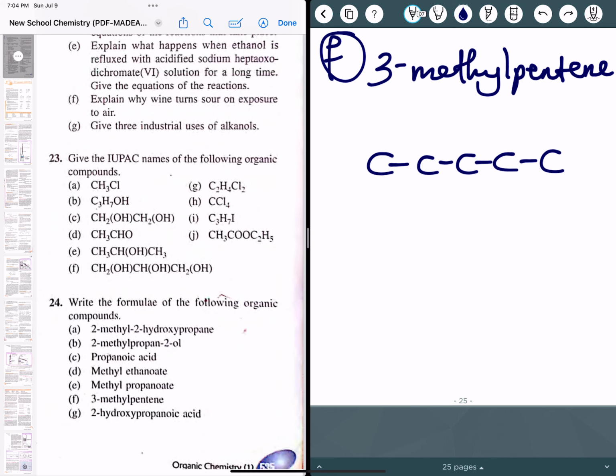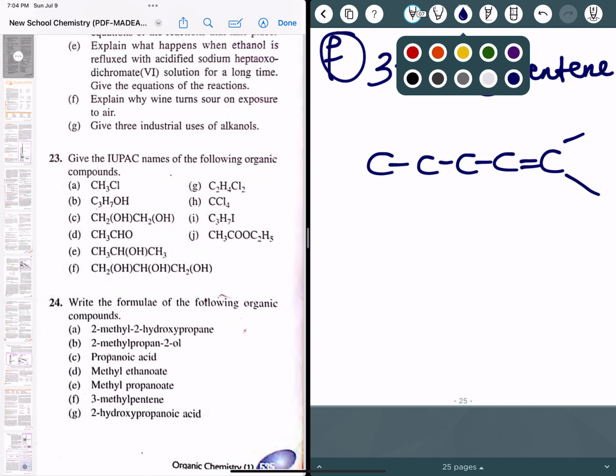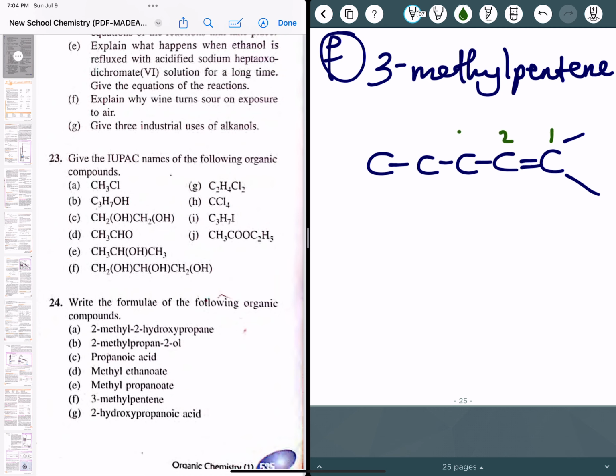But we are not told, so let's just put it here. Counting from here, this will be 1, 2, 3, 4, 5. So 3-methyl will be here, CH3. That's 3-methylpentene.